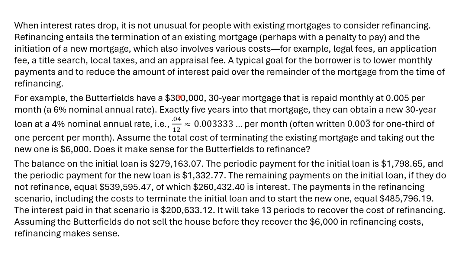So if we put all this information into the calculator that I have, and I'll show you that a little later, these are the results that'll come out. The balance on the initial loan is this amount here. So that's after the 5 years, you still have this much money owed in principal.